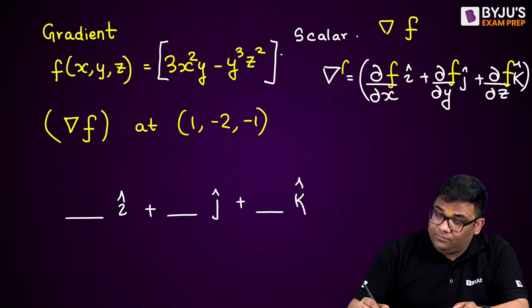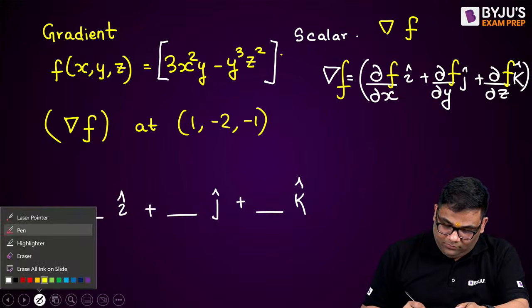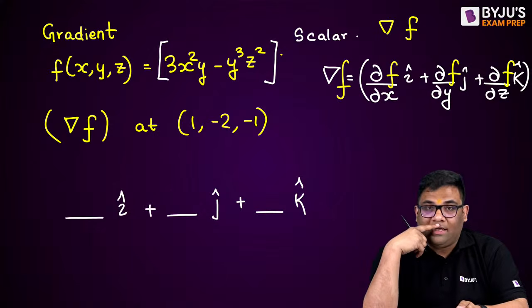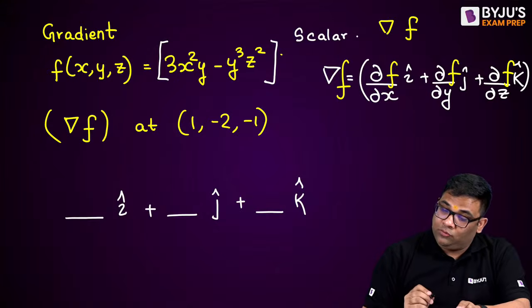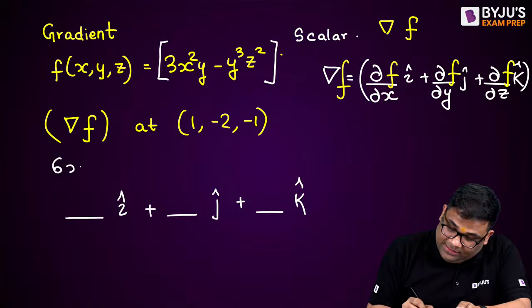Game over. Yes. Chalo. Give me the value. Minus 12i. Okay, let me see other things. So I differentiate with respect to x. I will get 6xy i cap.